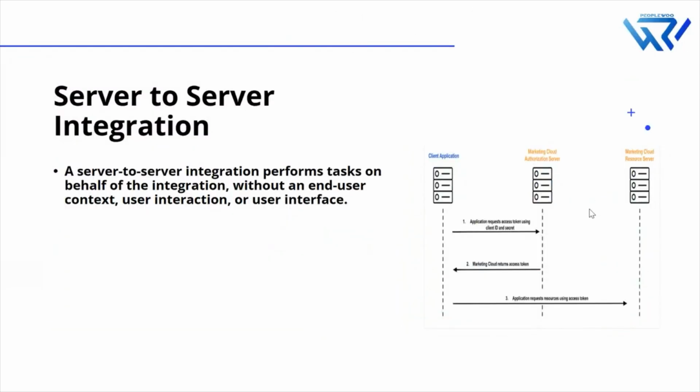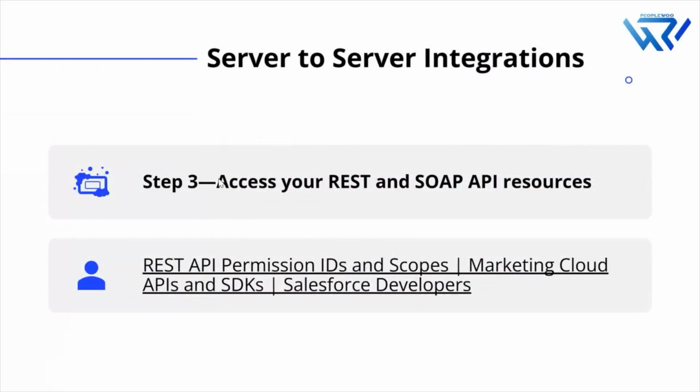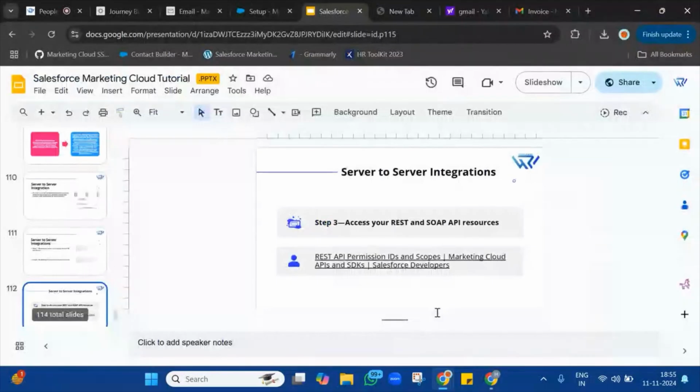Then you have to create a server-to-server integration API package, which will give you client ID and client secret. Once you get client ID and client secret, you can use them to access the Marketing Cloud token. Once you get the Marketing Cloud token, you can use REST and SOAP API to trigger the responses, transactions.